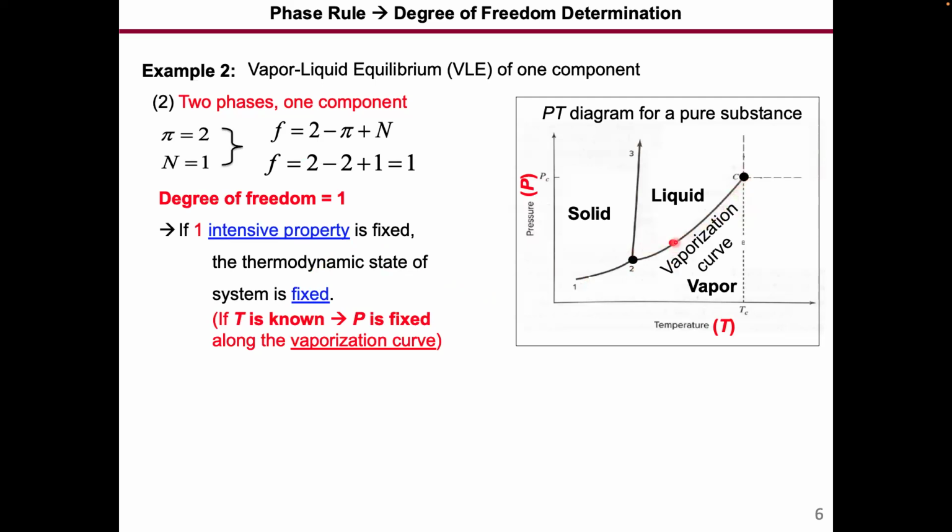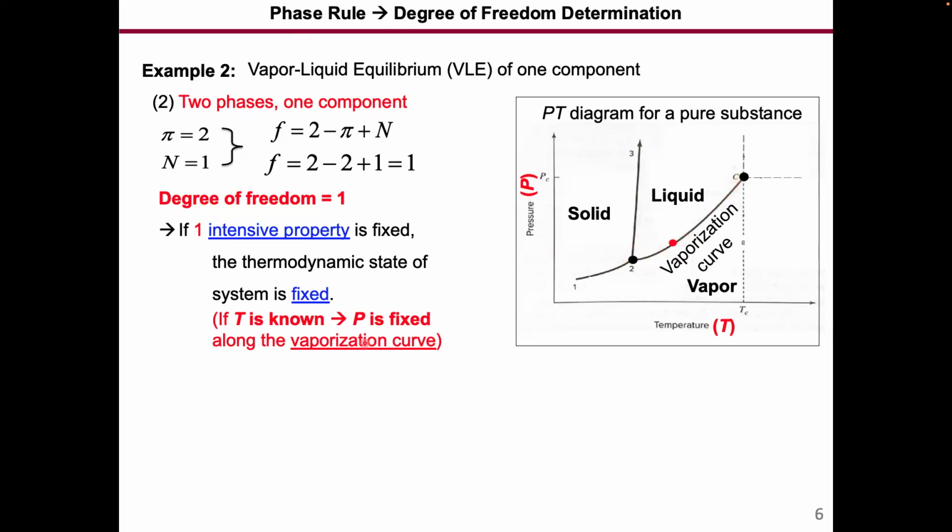So let's say again the temperature is this. Because you know it's on this line, you can just draw a horizontal line intersecting with this line, and this is the state that you are looking for. So if your temperature is given, then your pressure is going to be fixed along the vaporization curve.